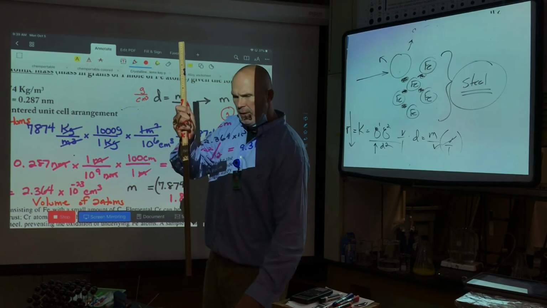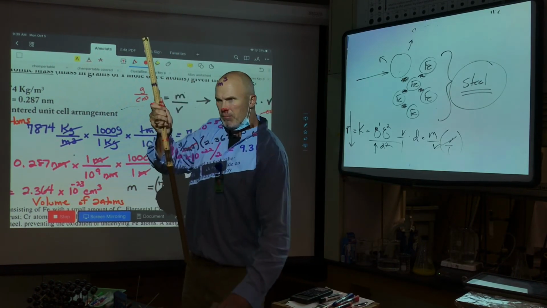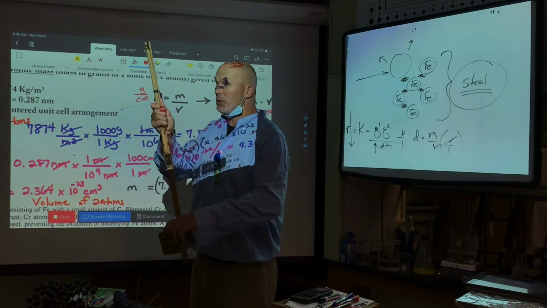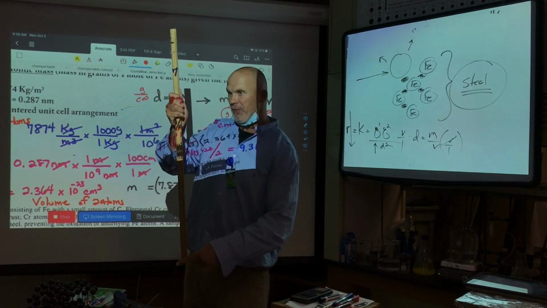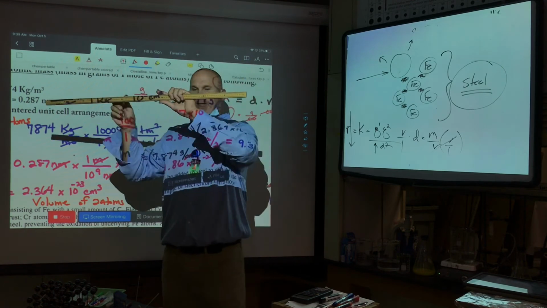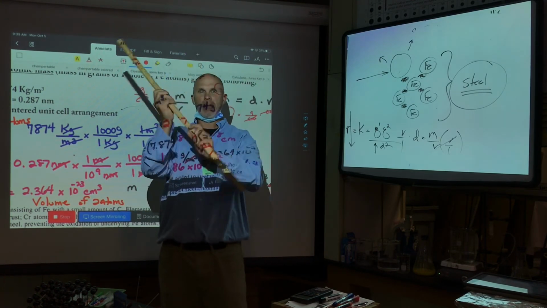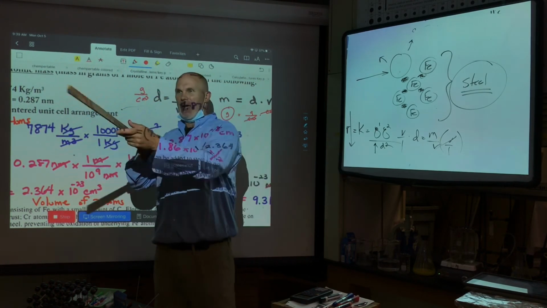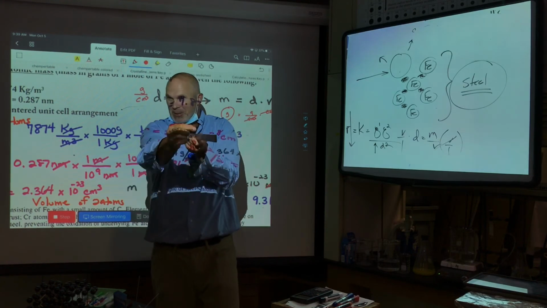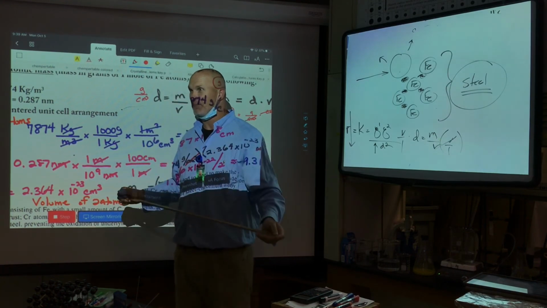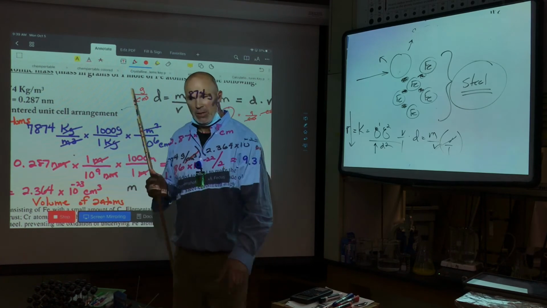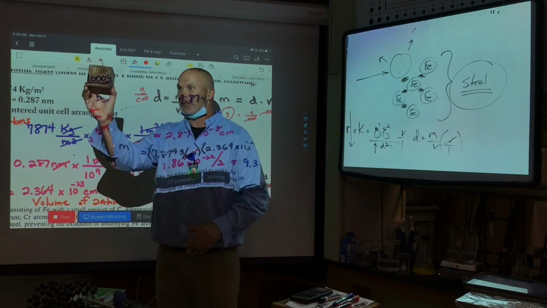So I have 10 of these liters this way, 10 of these this way, and then at you, 10 of these this way. What's 10 times 10 times 10? 1,000. So I have 1,000 of these.